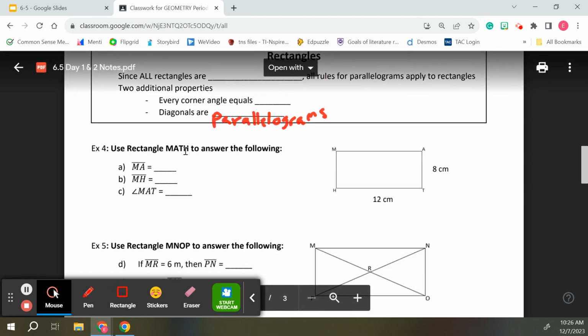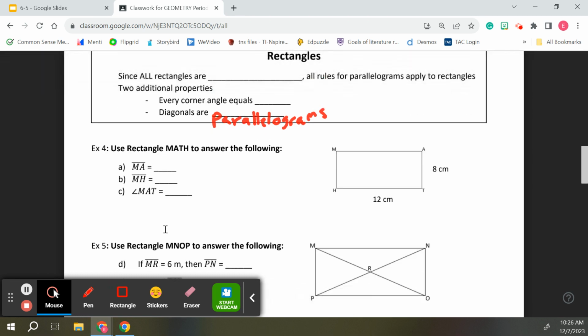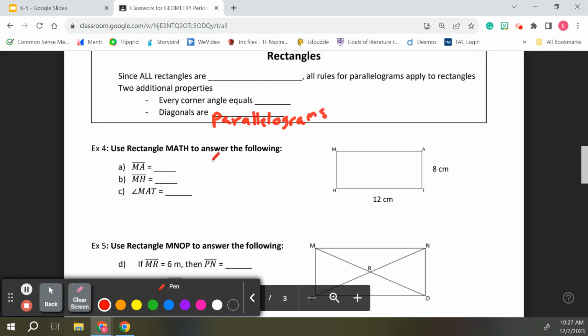Anyway, use rectangle MATH to answer the following. So in this case, this is going to be congruent with this. These two are going to be congruent with each other as well. And they're asking us for the angle measure. MA is going to be 12 centimeters. MH is going to be 8 centimeters.